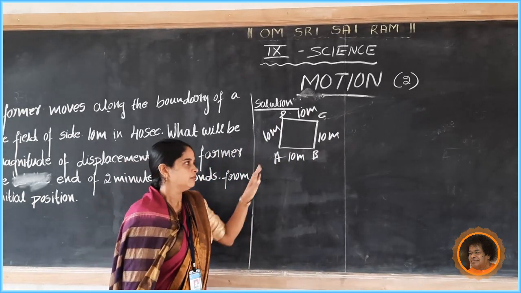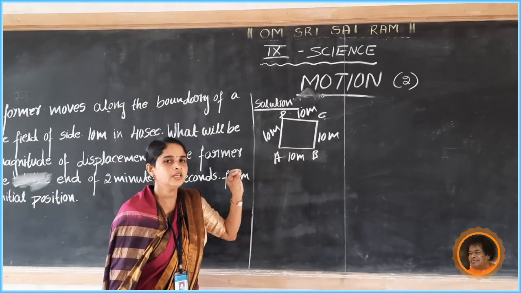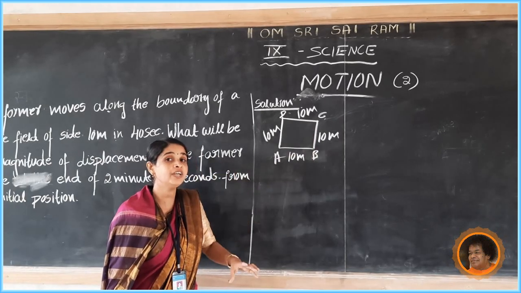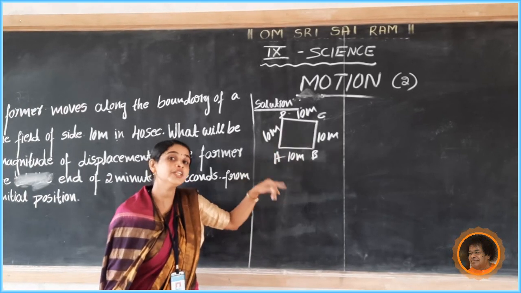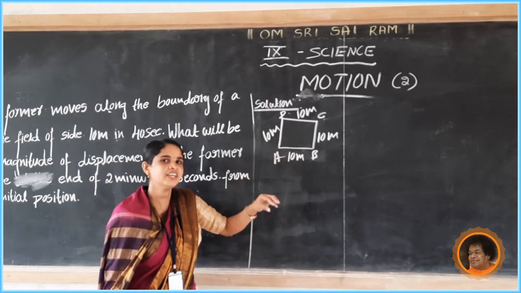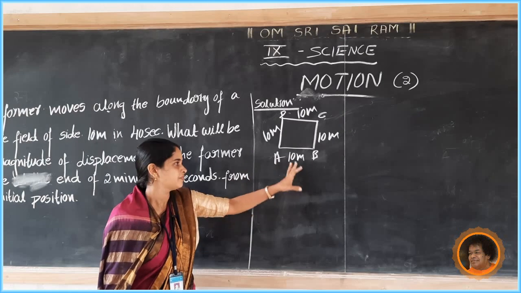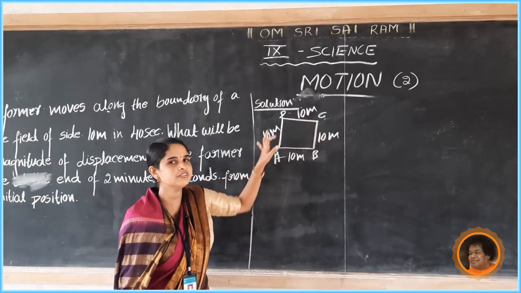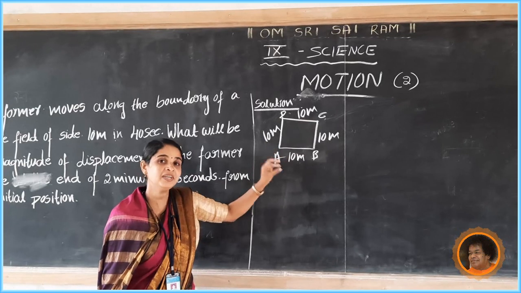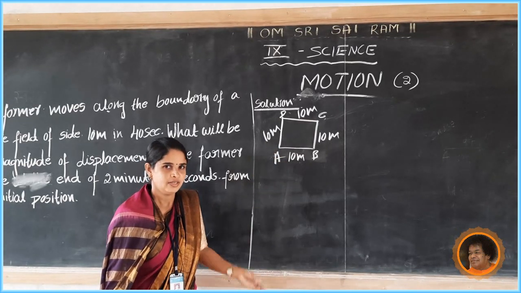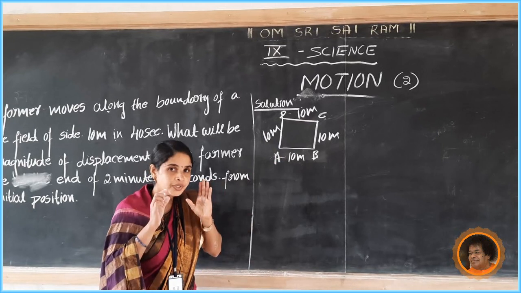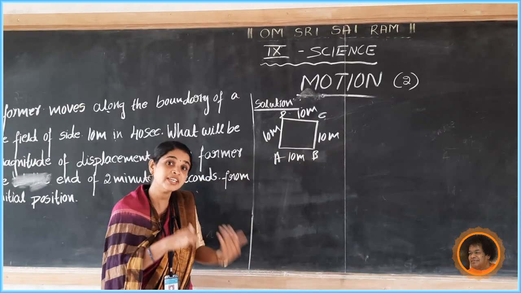Here the farmer completes his first round in 40 seconds. That means he covers 40 meter, 10 plus 10 plus 10 plus 10. He covers 40 meter distance in 40 seconds.